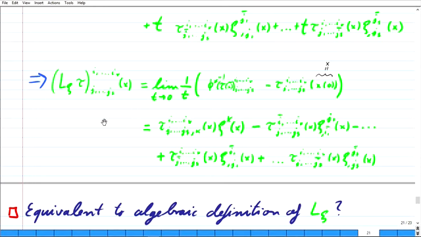But then we also get a bunch of terms which contract the tensor with derivatives of the direction vector psi.